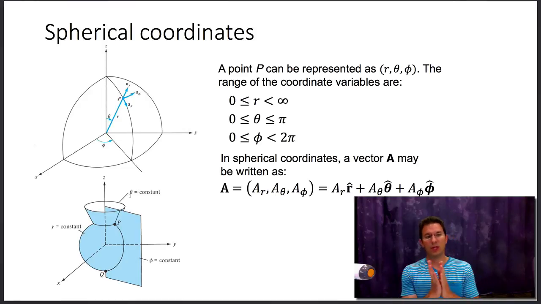In other words, it's at the same angle from the z-axis. And then similarly, you can describe a vertical plane coming radially out from the z-axis as a phi equals constant surface in spherical coordinates.